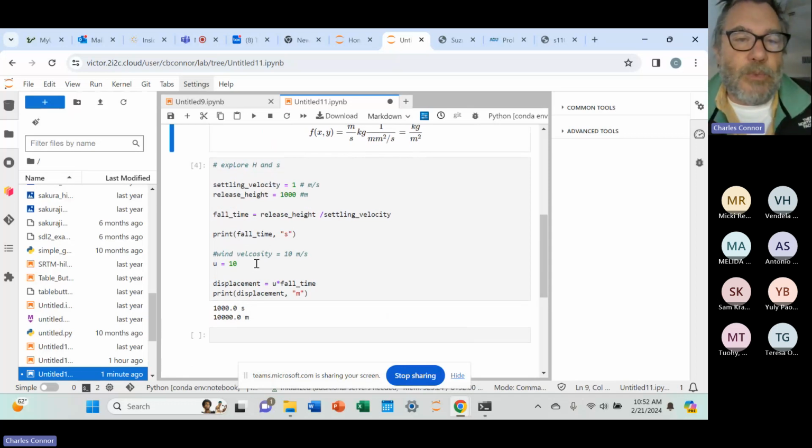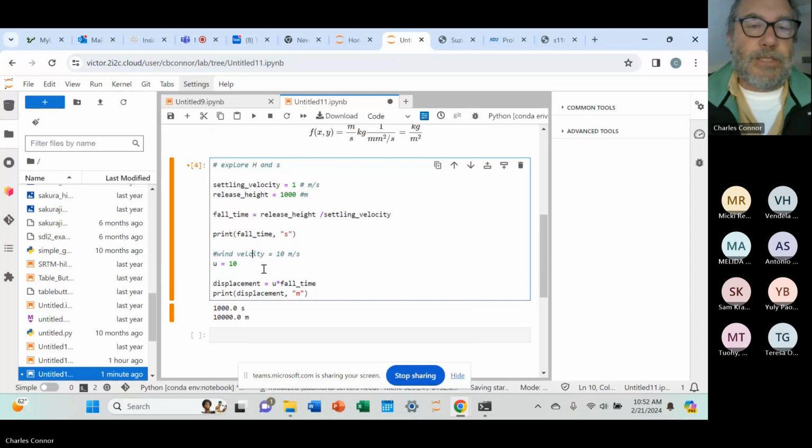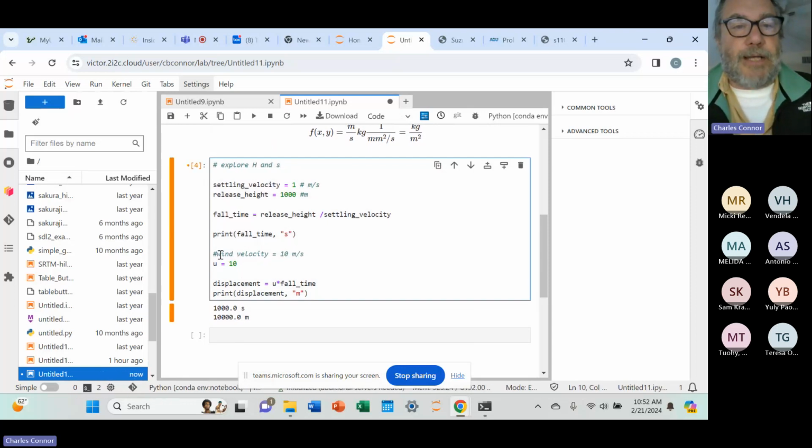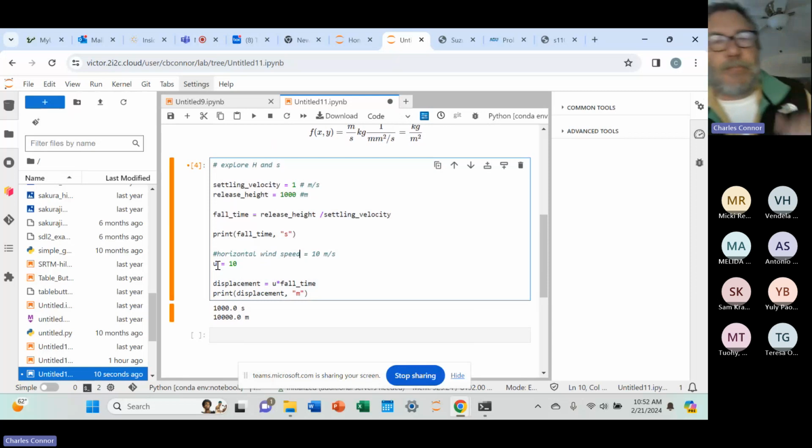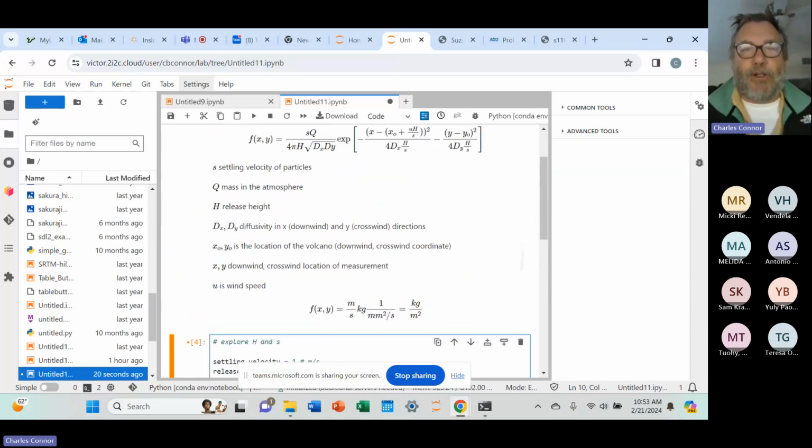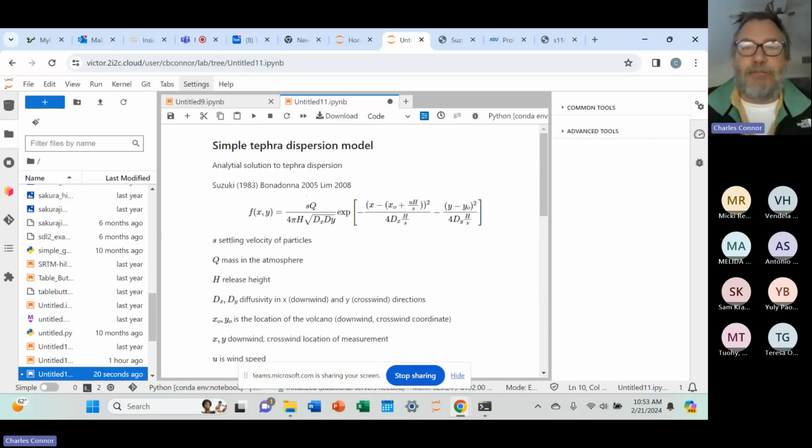And technically this wind velocity is the horizontal wind speed, because it's the velocity in the downwind direction. I'm saying that the wind is blowing at this constant rate of 10 meters per second. The particles fall through the atmosphere at a settling velocity from a release height. And that ultimately tells me the displacement downrange for that particle.